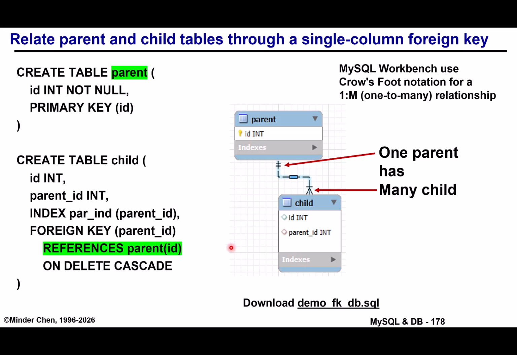Okay. So this is important at a very detailed level. This is how we define a foreign key primary key pair. This is the foreign key column in the child table. This is the primary key column in the parent table. The ID is the primary key column in the parent table. Okay.